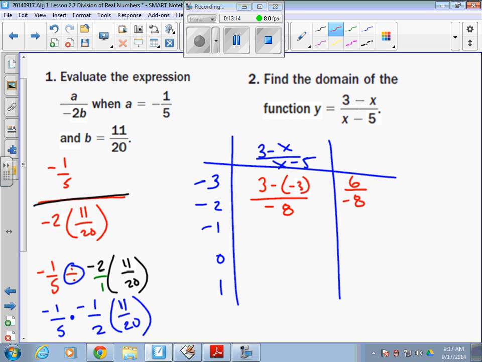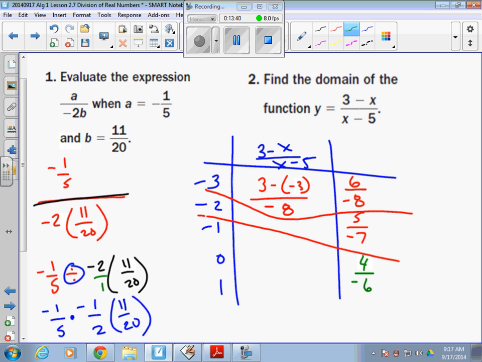When you plug in negative 2, we're going to go a little quicker. 3 minus a negative 2 is going to be 5. Negative 2 minus 5 is negative 7. When you plug in negative 1, 3 minus a negative 1 is going to be positive 4. Negative 1 minus 5 is negative 6.